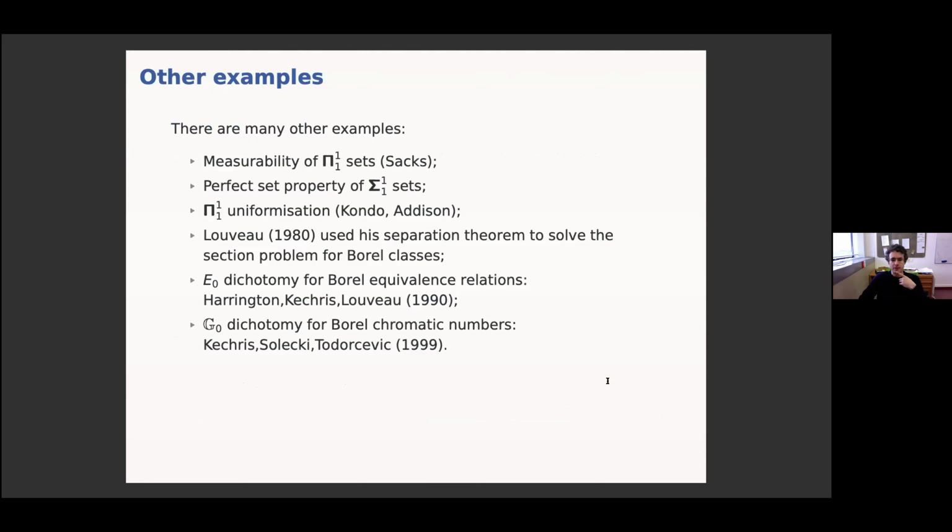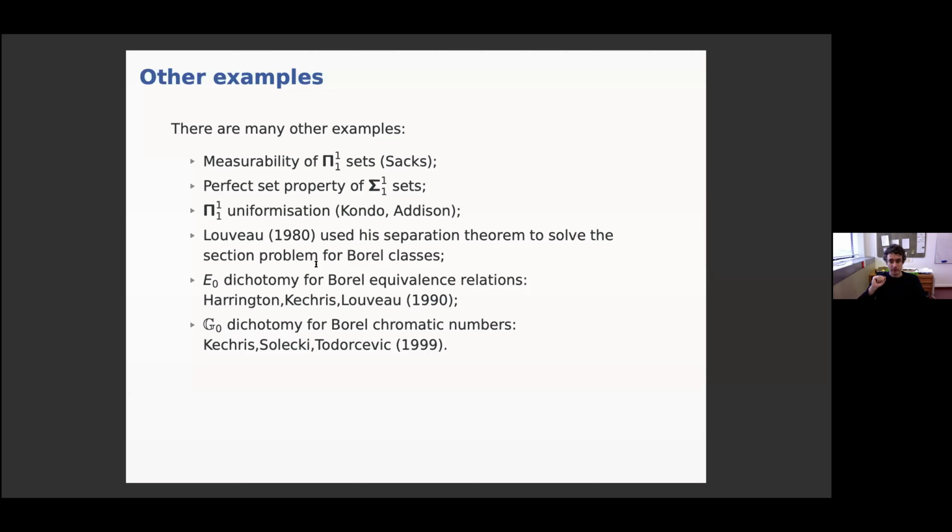And there's tons of other examples from along the years of applying effective techniques in descriptive set theory, from things like what I just talked about, effective proofs of known theorems, all the way up to really sophisticated techniques in computability that really seem to be the only reasonable way in several situations to prove a theorem that doesn't mention computability at all, like Louveau using Louveau separation, which is an effective theorem, to solve a question about sections of Borel sets that doesn't mention computability.